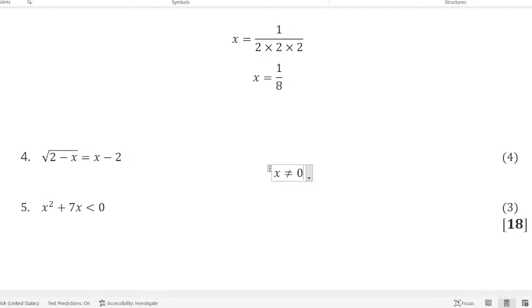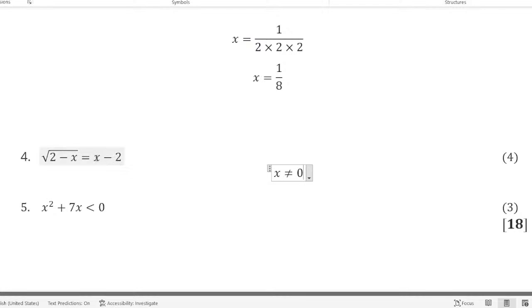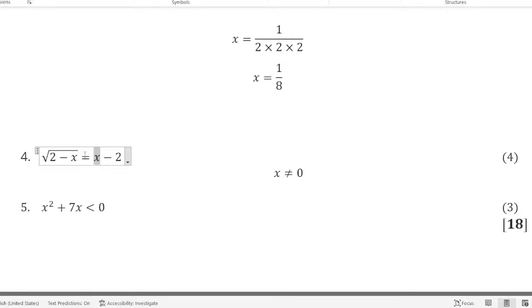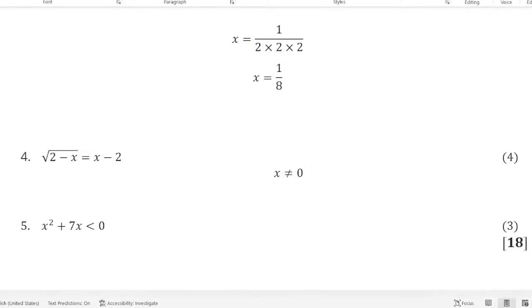Why? Because if x is equal to 0, the answer will be negative 2. Remember, anything under the square root cannot be negative. So that's why we have the restriction that x should not be 0. This is just a restriction. You don't need to write it. I'm just teaching you.